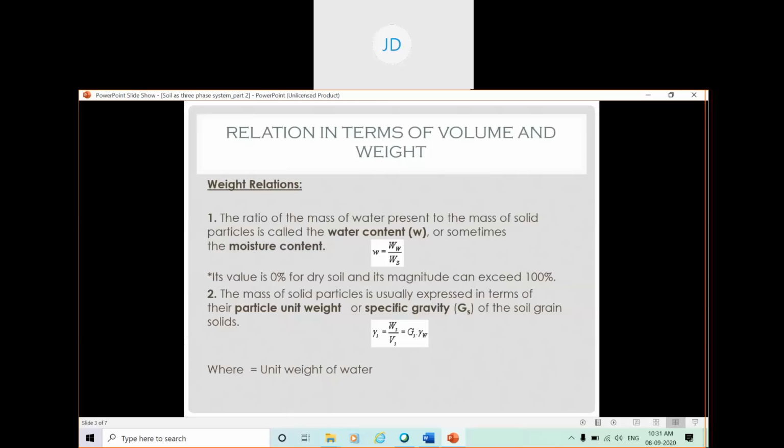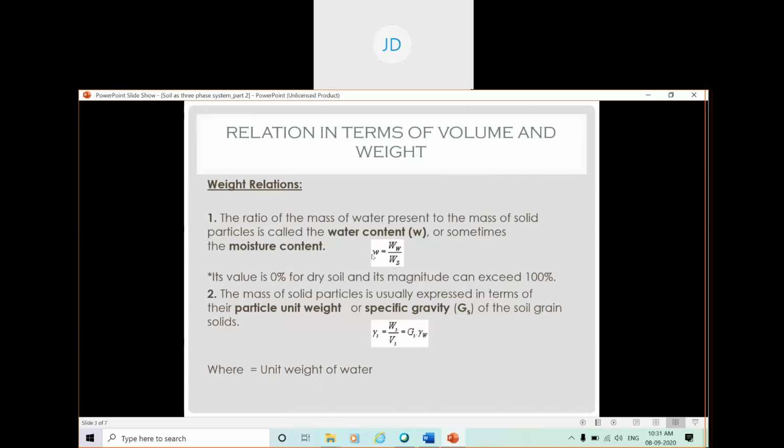Very small soil particles are there in that particular soil which have the capability to hold water. That type of soil may have weight of water more than weight of solid.